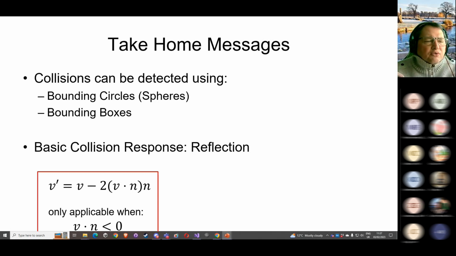The formula for the reflection is provided here. If you are using GFC, this formula is easier for you to use because there is a built-in function called reflect, which will provide the calculation for you automatically. But you should always remember that this formula is only applicable when V dot n is less than 0.